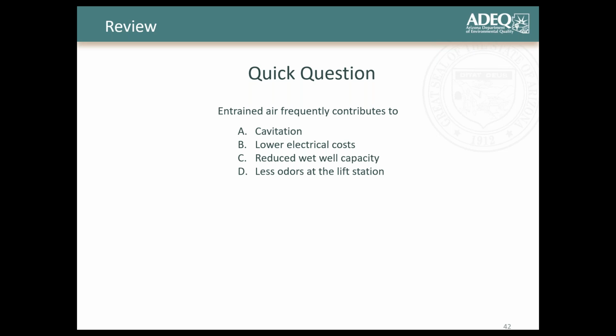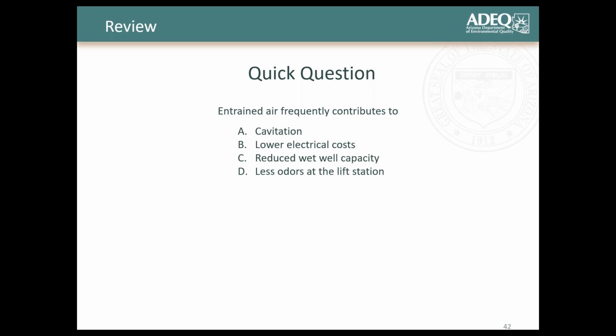All right, another quick question. Entrained air frequently contributes to: A, cavitation; B, lower electrical costs; C, reduced wet well capacity; or D, less odors at the lift station. Answers are rolling in right now. Looks like largely A's, a couple C's as well.